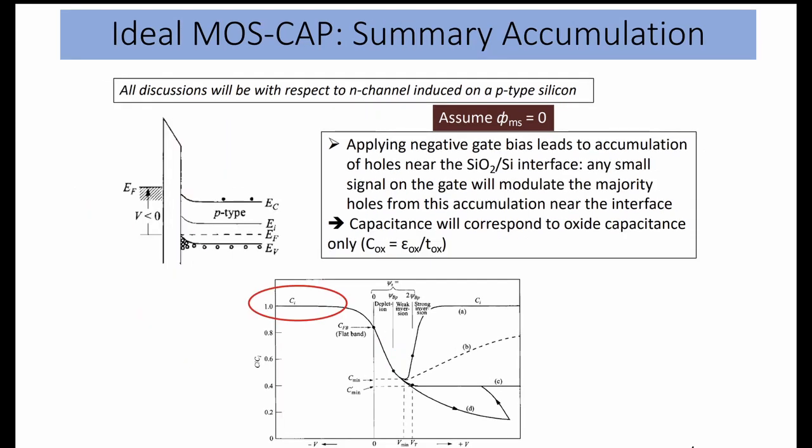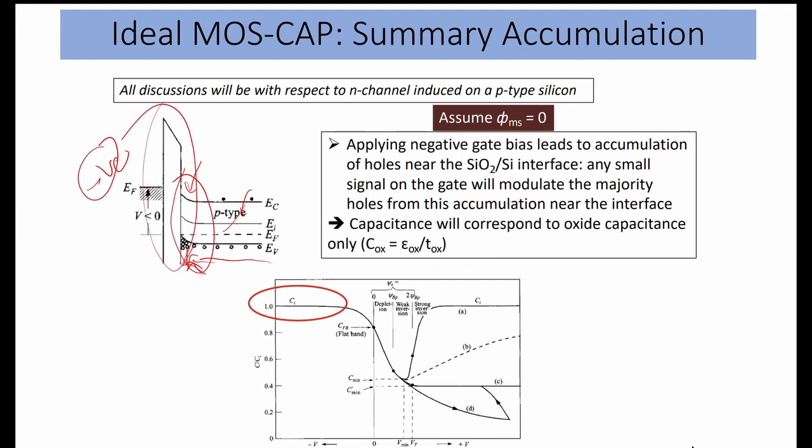In this one, an n channel will be induced in the accumulation region. This is the p-type semiconductor. When we apply a negative voltage at this junction, holes will be attracted in this direction at the interface. So this is the accumulation region, and whatever capacitance comes will come from this only.